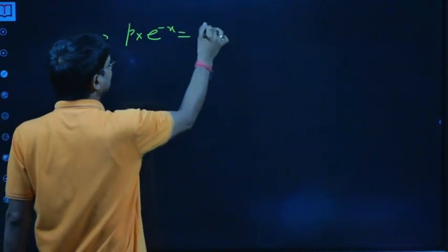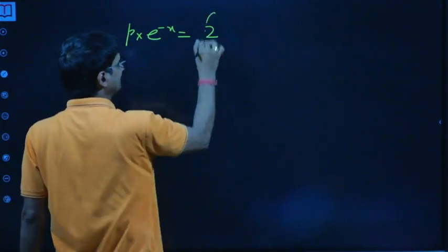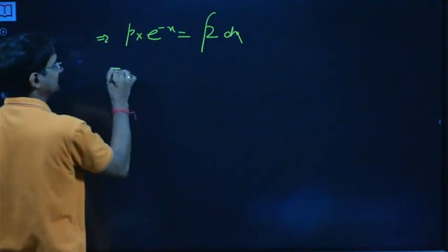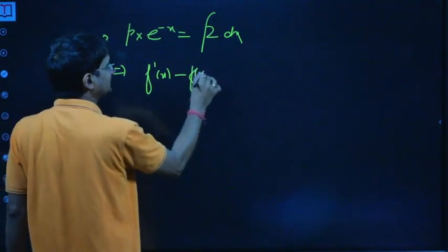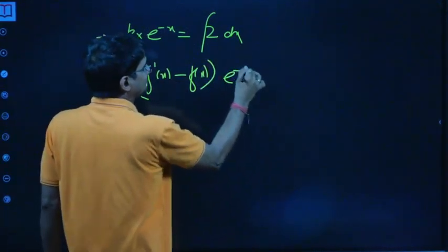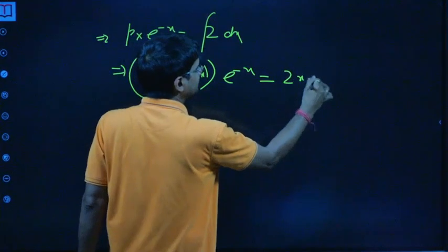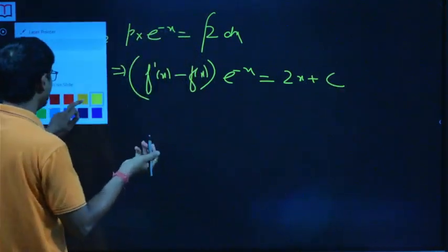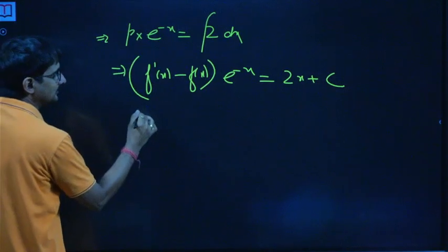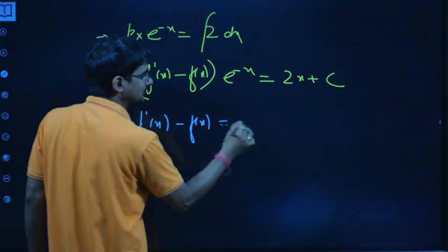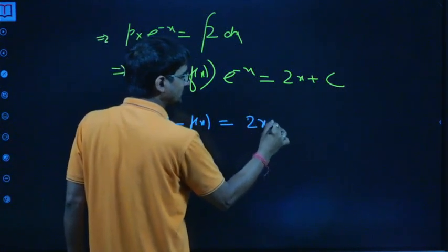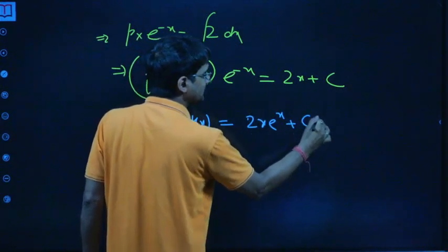We will get p into e raised to the power minus x equals 2 times the integral of dx. So p, which is f dash x minus f(x), times e raised to the power minus x is equal to 2x plus c. So f dash x minus f(x) is equal to 2x e raised to the power x plus c e raised to the power x.